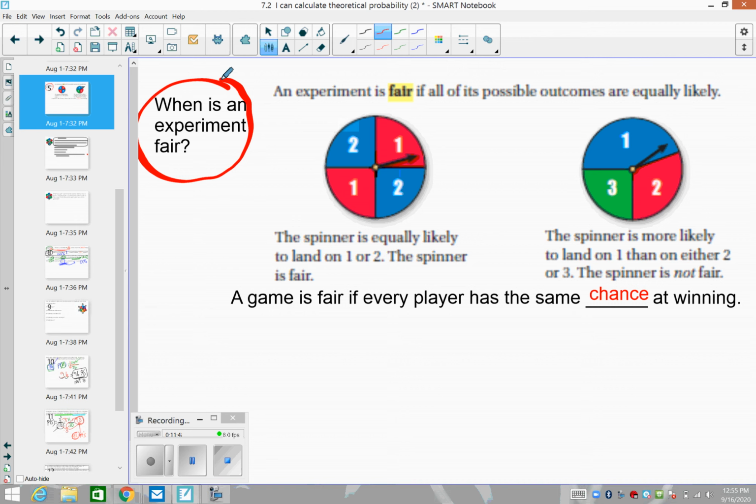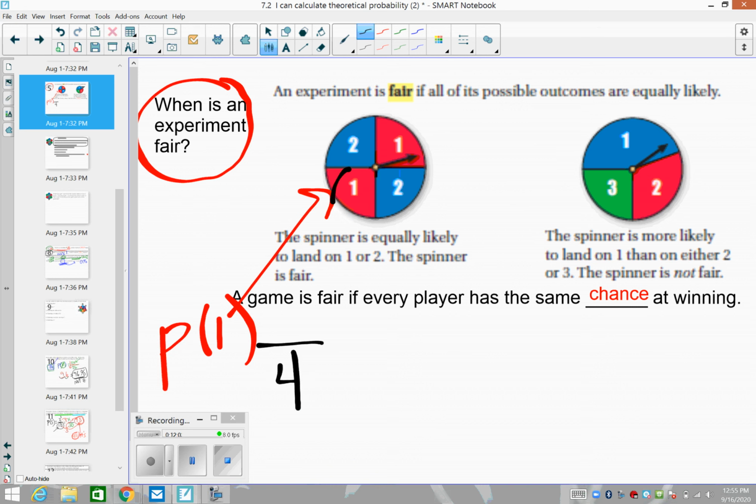So if I ask you, what is the probability that player number 1 wins in this spinner, what's the theoretical probability that player 1 wins? You would say, well, there are 4 sections, and 2 of the 4 sections represent player 1. So if we divide down, probably super obvious math here, we get 0.50.